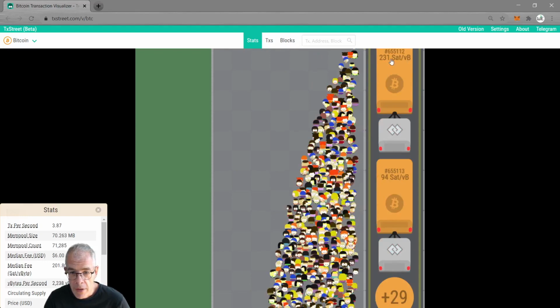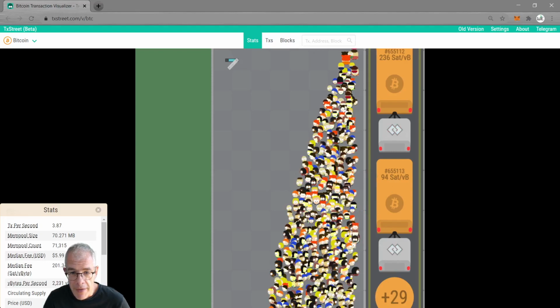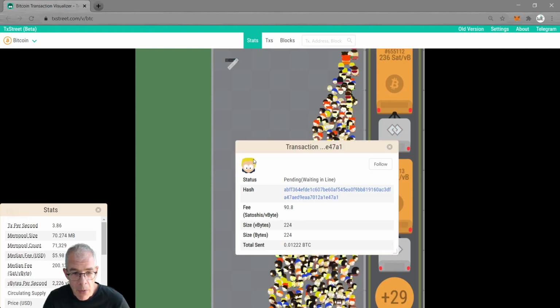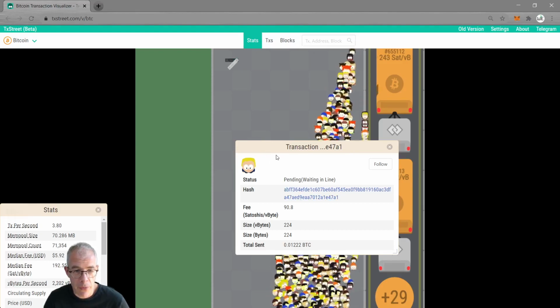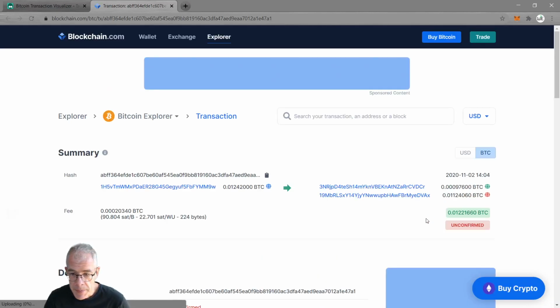These are the blocks, and you see the people, and these are the transactions that want to enter into cars or the trains. And every now and then you see things shifting over, and you can click on one of those faces and you see the transaction details of that transaction. And you can click on that even further to see more details of the transaction.